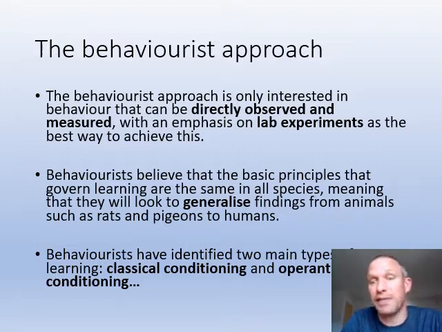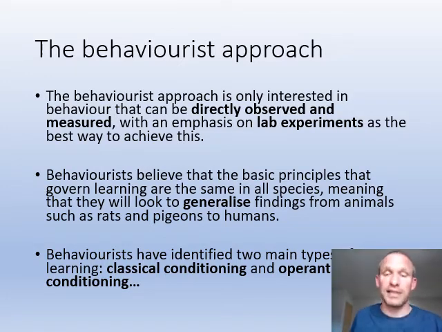You can't directly observe it, therefore it's not scientific to try and do so. So behaviour is all that needs to be focused on, and yes, lab experiments are the main way of doing this. Behaviourists believe that we could generalise from animals to humans, so a lot of their studies were based on rats and pigeons and dogs and so on.